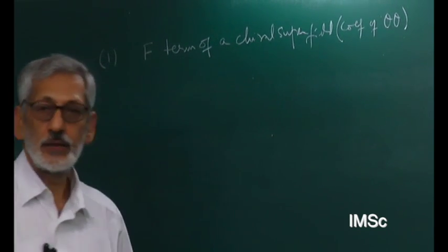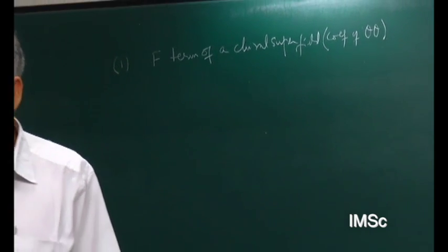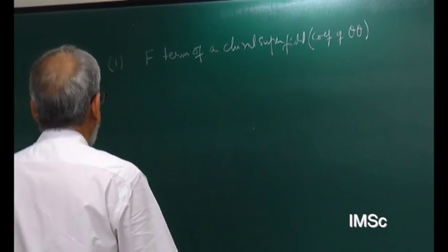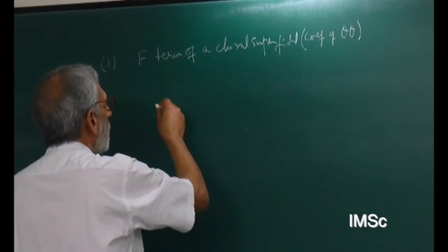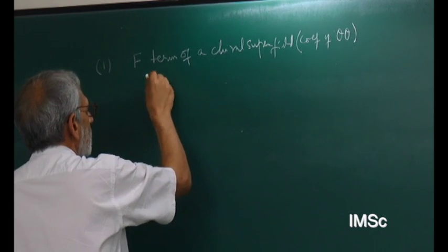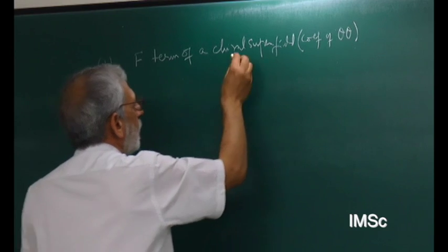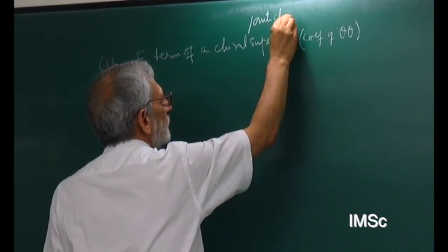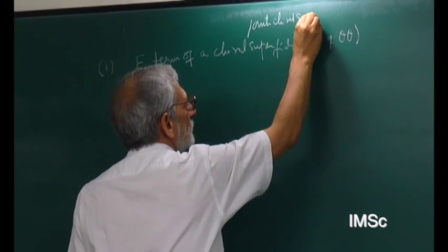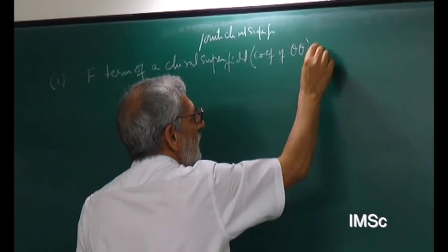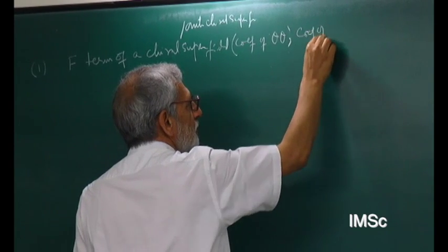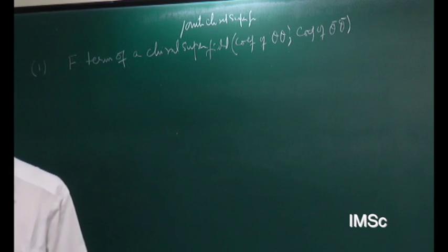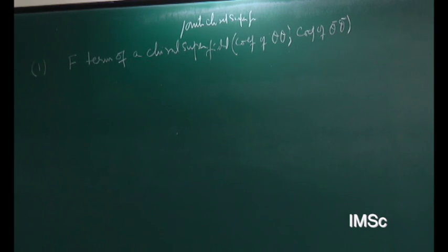Chiral superfields were to be written as functions of y and theta, and the theta squared component of that chiral superfield we call an F term. The same holds for an anti-chiral superfield, where it would be the coefficient of the theta bar squared term, because anti-chiral superfields would be written as functions of y bar and theta bar.